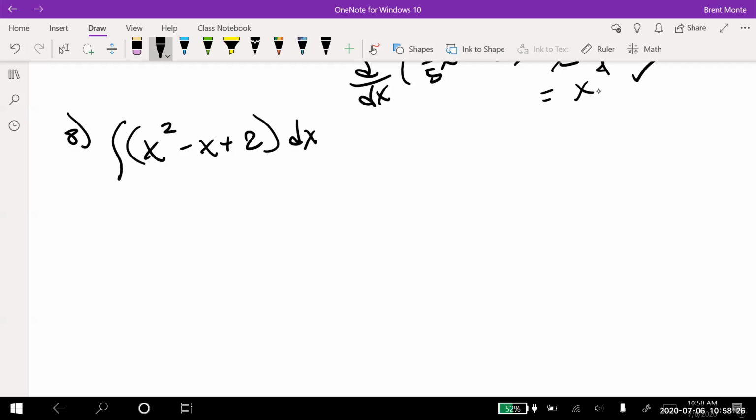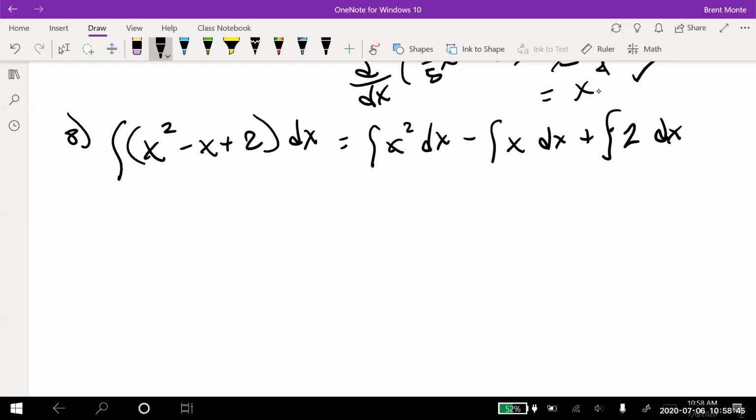So on this one, I'm going to use that one property that says, hey, if I'm adding or subtracting, I can do these individually. Now in my head, and I usually don't write this down, I'm thinking, oh, it's the integral of x squared minus the integral of x plus the integral of 2. And then I just do each of those individually. Again, I usually don't write that down, but for our purposes, I will write that down so that we see exactly what I'm doing.